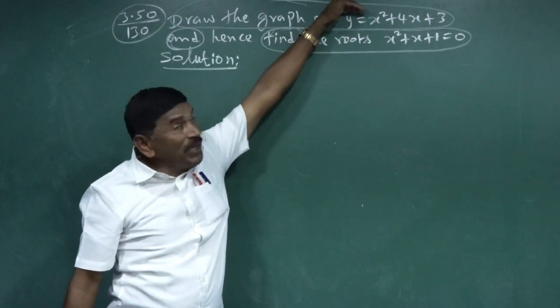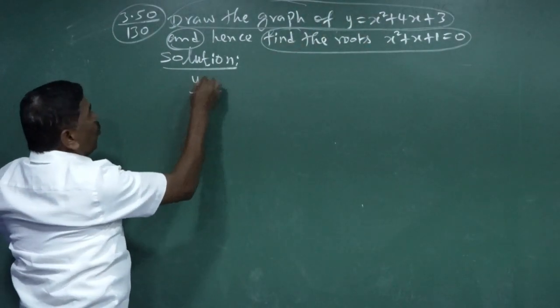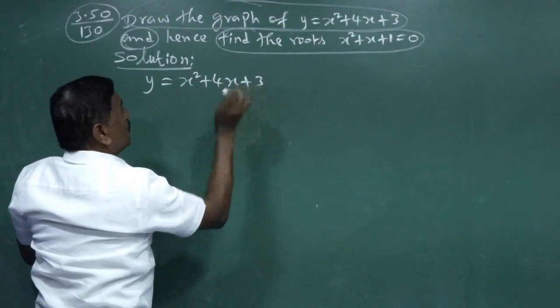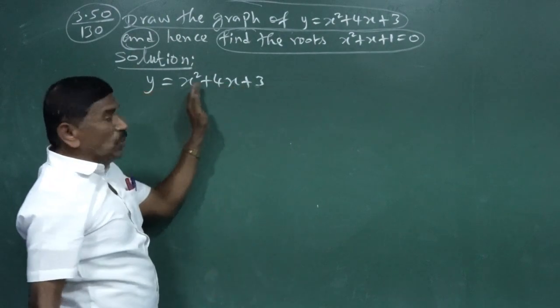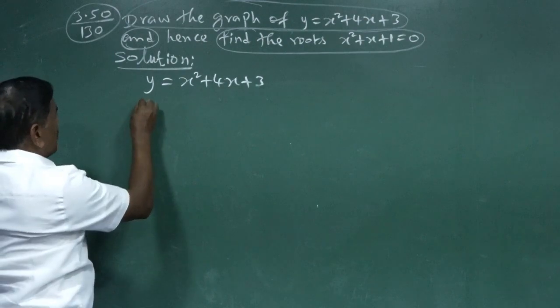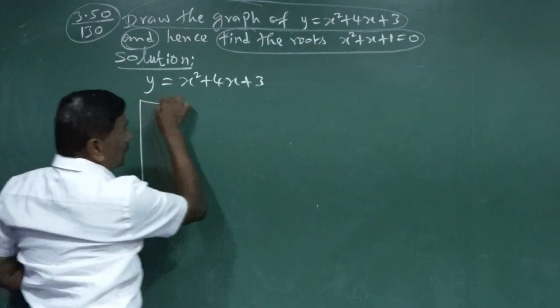Now, first part, second part. First let us draw the graph of y is equal to x square plus 4x plus 3. Now we want to prepare the table. Listen carefully, how to prepare the table?